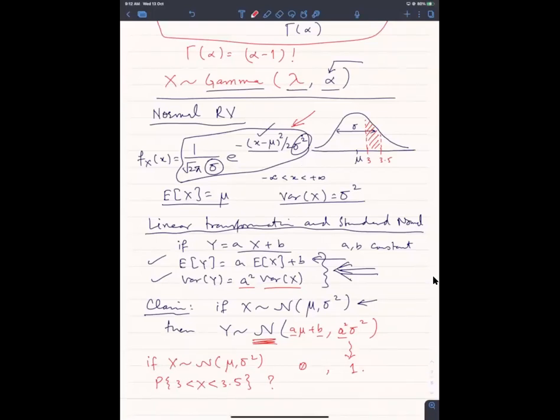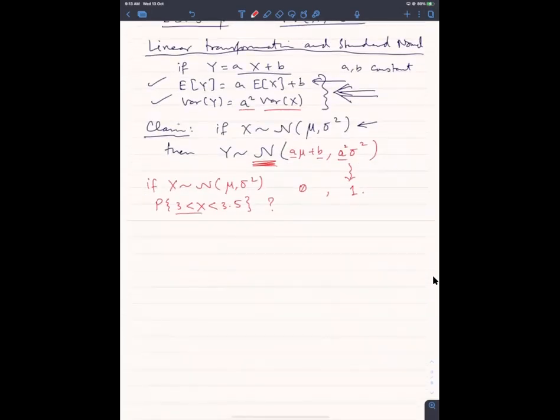Well, easier said than done. It's not easy to integrate this guy. In fact, you cannot integrate this just like that. For this, we have tables of its integral. But if I want to answer the question of the probability that x takes a value between 3 and 3.5, will I get a table for it? Well, I cannot provide tables for every possible value of mu and every possible value of sigma. I can't do that.